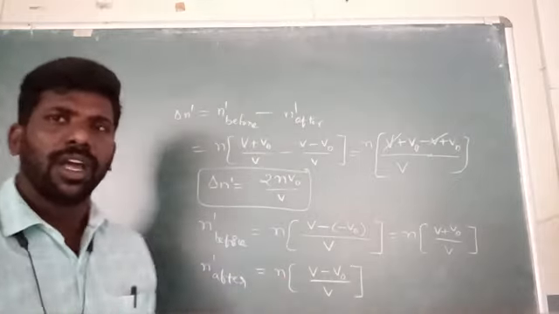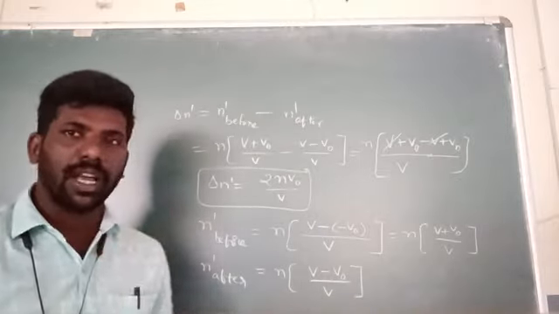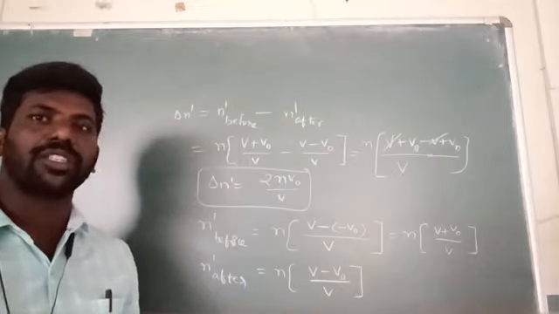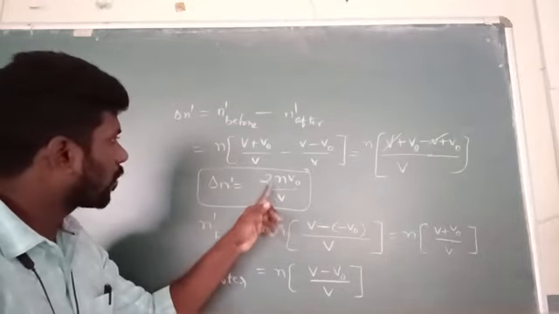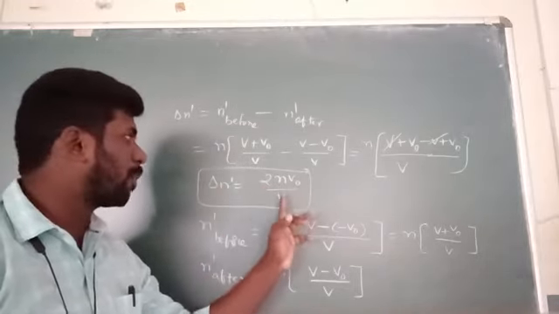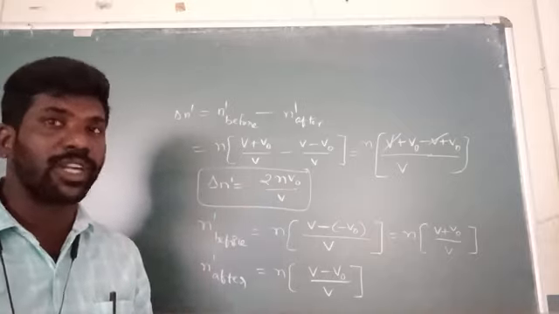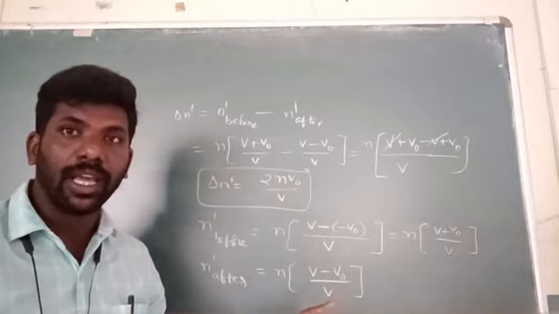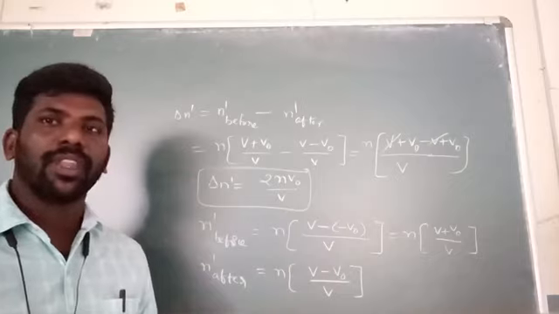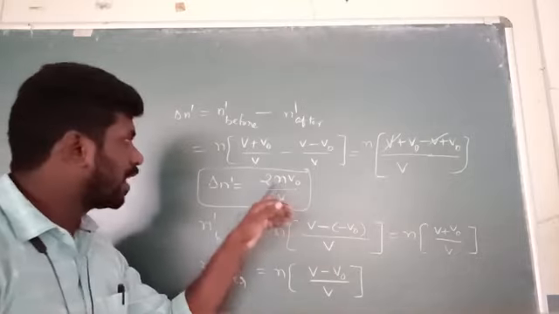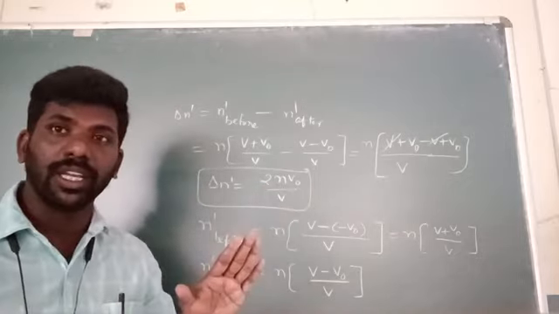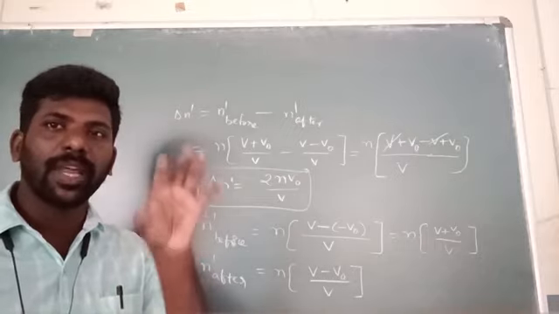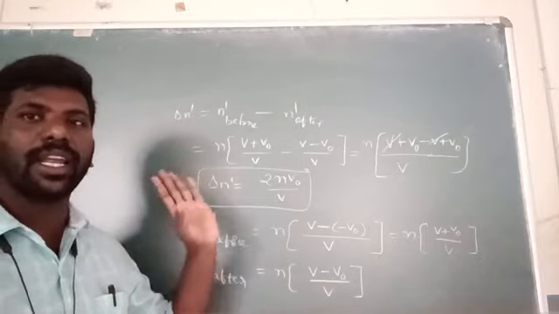See, whether the source crosses the stationary observer or the observer crosses the stationary source, the formulas are like this: 2n V naught by V. Here the observer is moving, so 2n V naught by V. Observe the previous condition: there it is 2n Vs by V. The formulas are the same, in the place of Vs we write V naught.